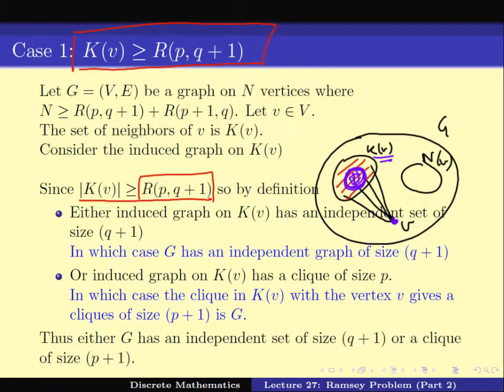This means that this set along with the vertex v gives me a clique of size p+1. So either G has an independent set of size q+1 or a clique of size p+1.